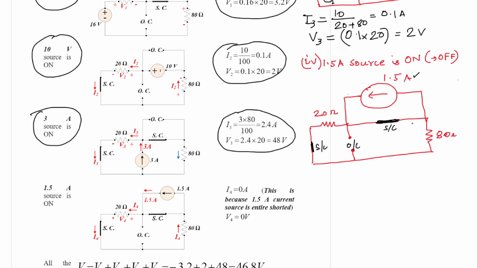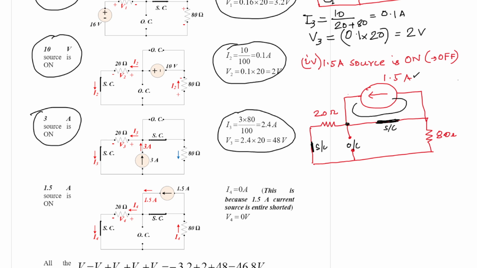Now if you analyze this circuit, you can find that this 1.5 ampere current will be circulating through this loop, or rather mesh, because it is shorted.